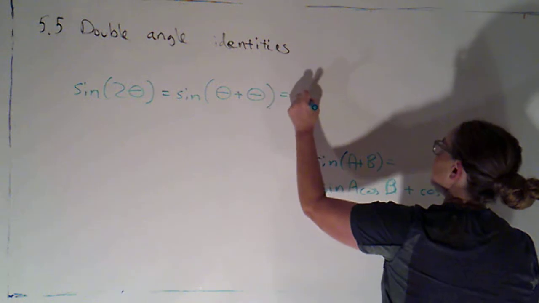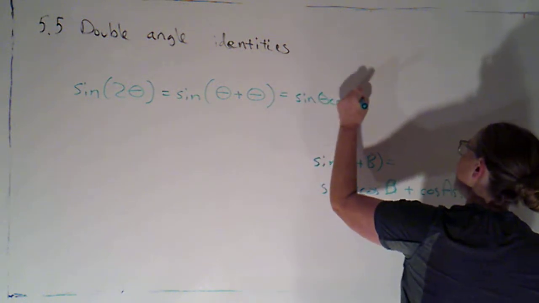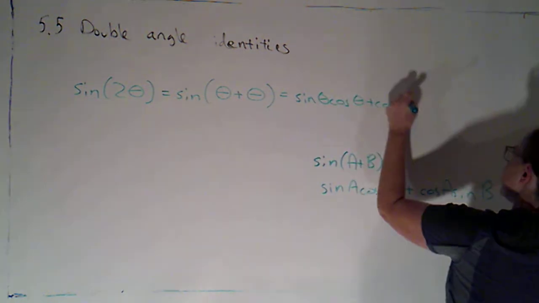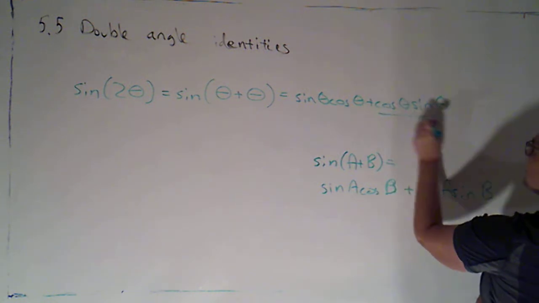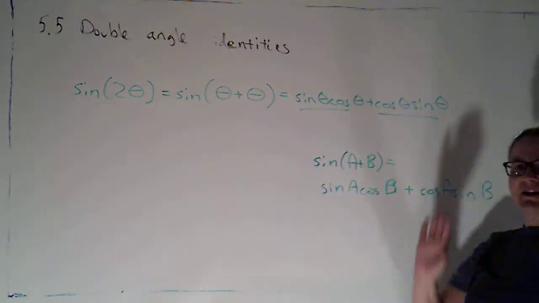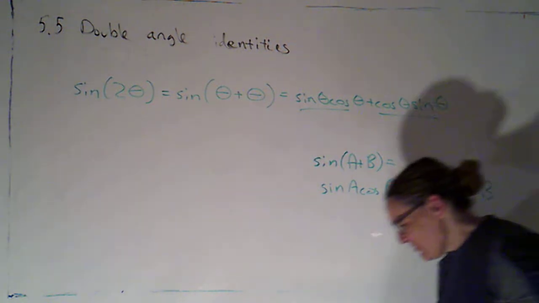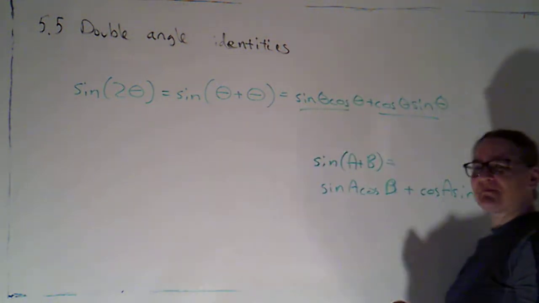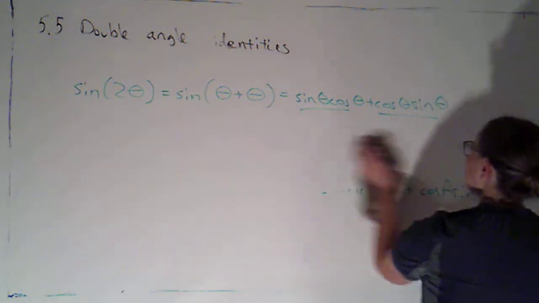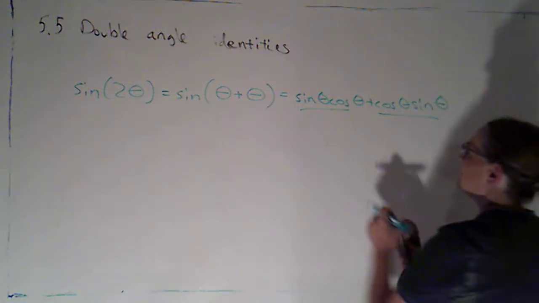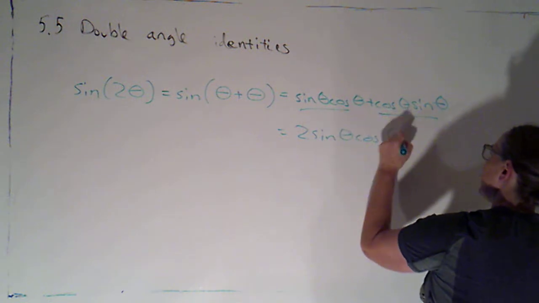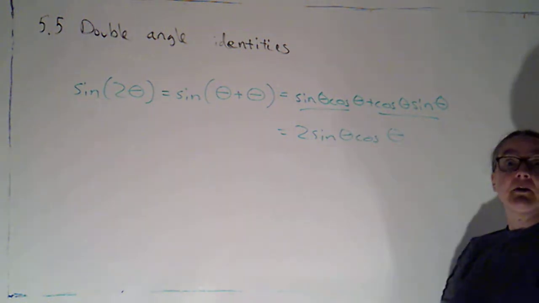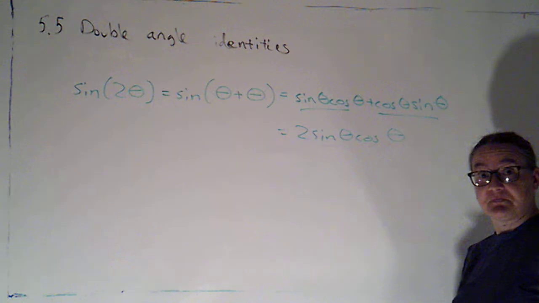So I'm going to get sine theta cosine theta plus cosine theta sine theta. But notice these terms are actually exactly the same, because when I multiply, the order in which I multiply doesn't make a difference. So that's just 2 copies of sine theta cosine theta. So that's my double angle formula for sine.